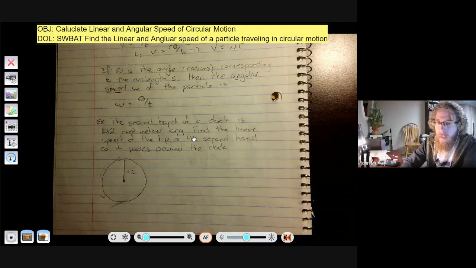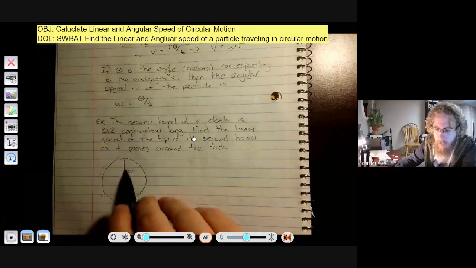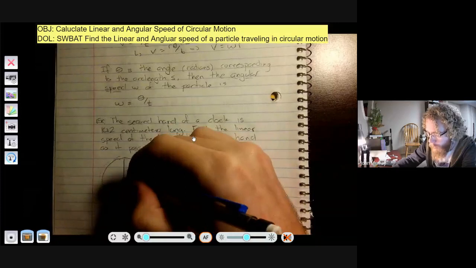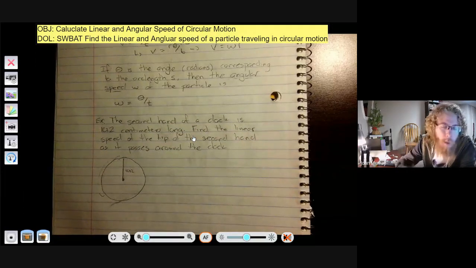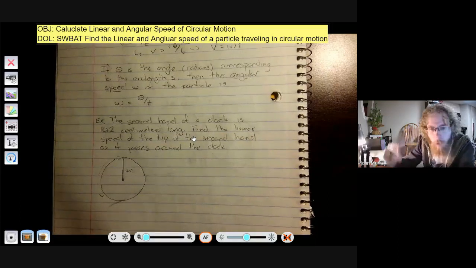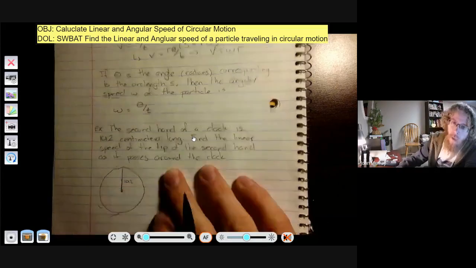So my angular speed, no matter what length my second hand is, it could be 10.2, it could be half of that, is going to be the same: one rotation every 60 seconds, or one rotation every minute. But the linear speed depends on how large that second hand is.